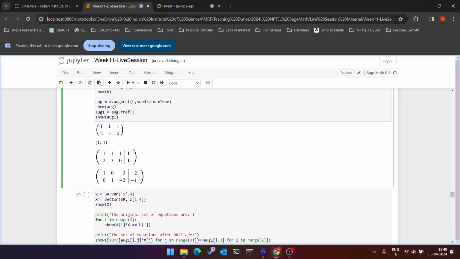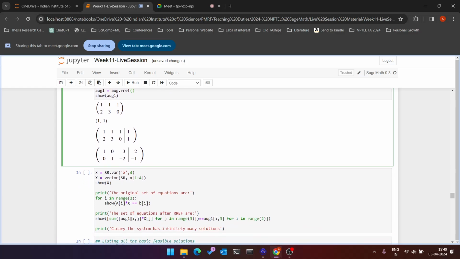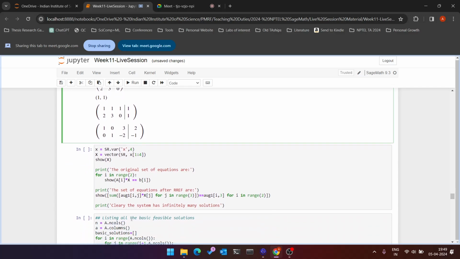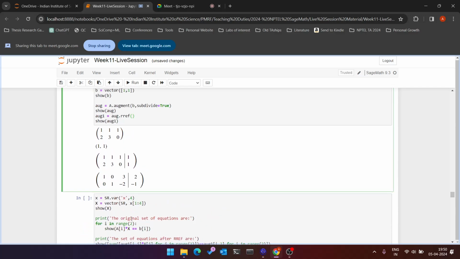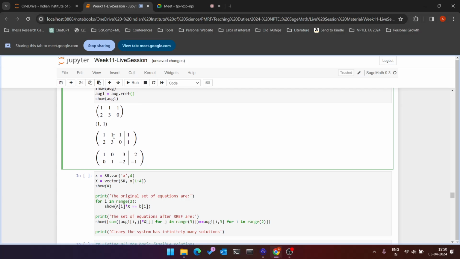Right, so from this we can say that my original set of equations, x1 plus x2 plus x3 equaling 1 and 2x1 plus 3x2 equaling 1, can now be written as a new set of equations coming from the row reduced echelon form.